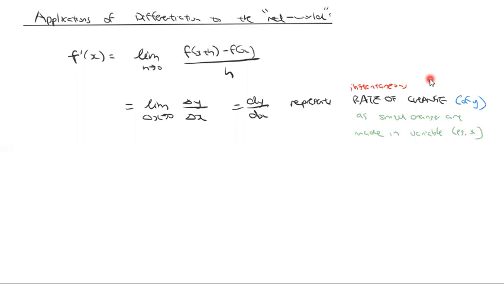So a more complete answer might be saying that a derivative represents an instantaneous rate of change of a function, such as y, as small changes are made in the underlying variable, in our example here, x. And so therefore, it's applicable to all sorts of real-world examples that involve rates.